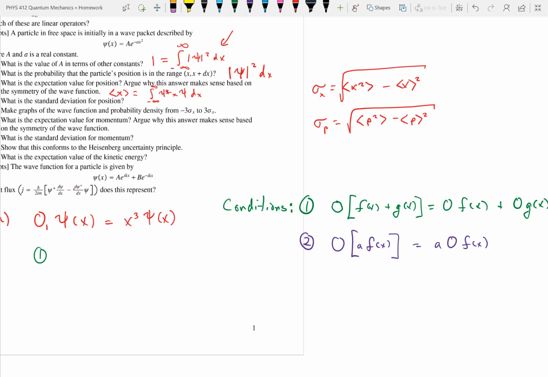No, the psi is your wave function. So basically what we're saying here is for number 1, we're going to let psi of x equal f of x plus g of x. And for test 2, go ahead.